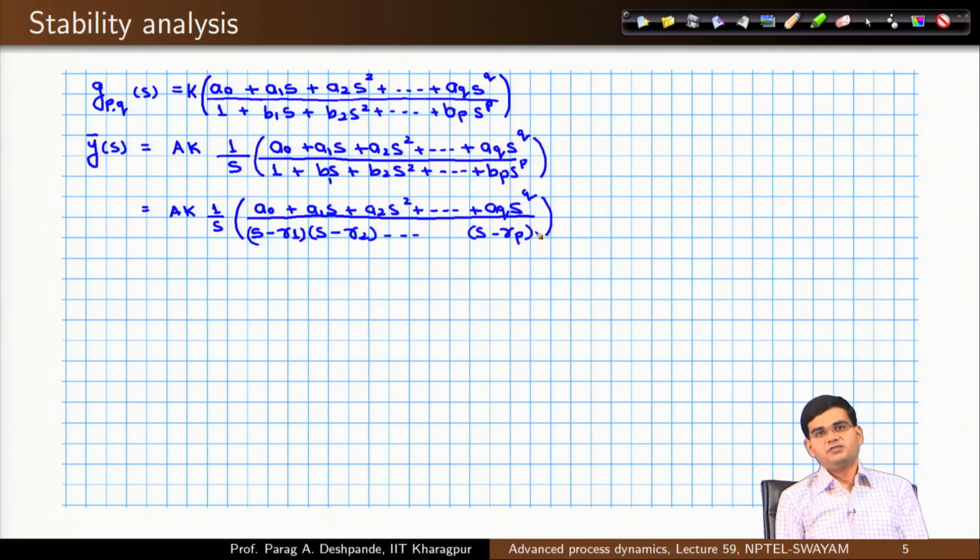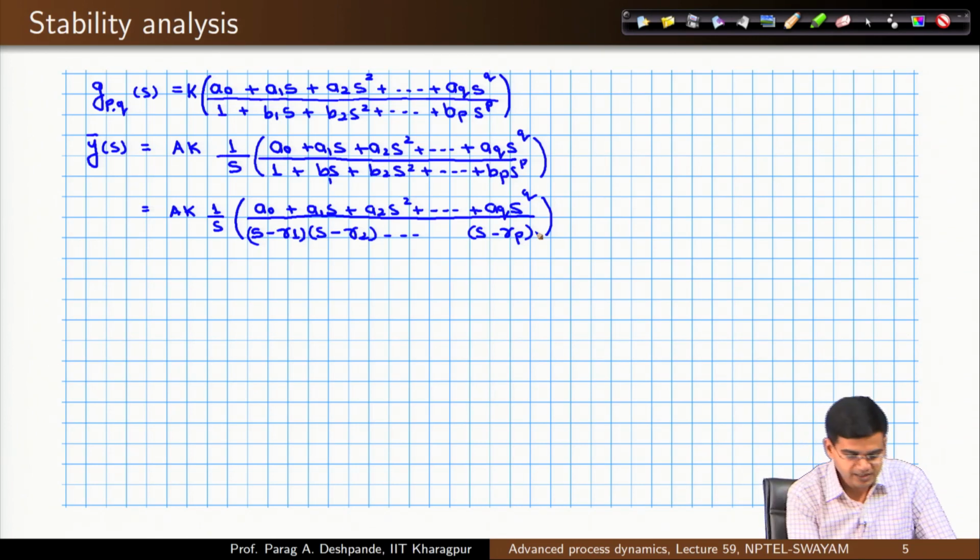right. What would be my next step? I will need to do a partial fraction. I will not worry about what exactly would be the form of the partial fraction, but I know what would be the functional form of the final partial fraction which I get, right.